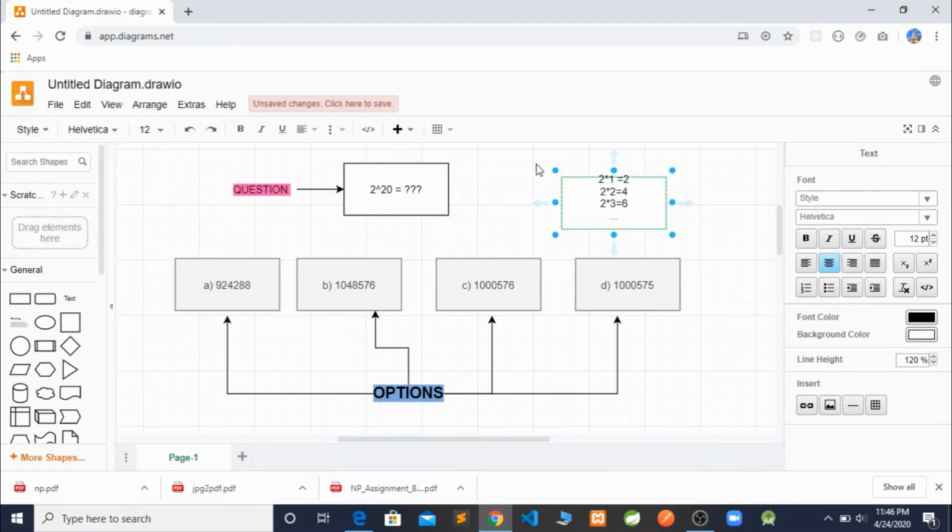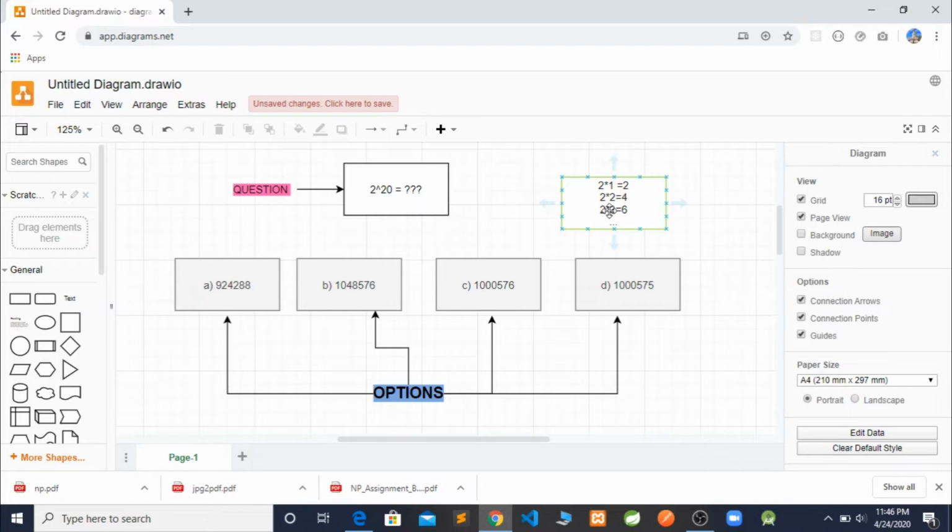So what we can observe from this box is that 2 to the power 2 is 4, and somehow the result is always an even number, right?